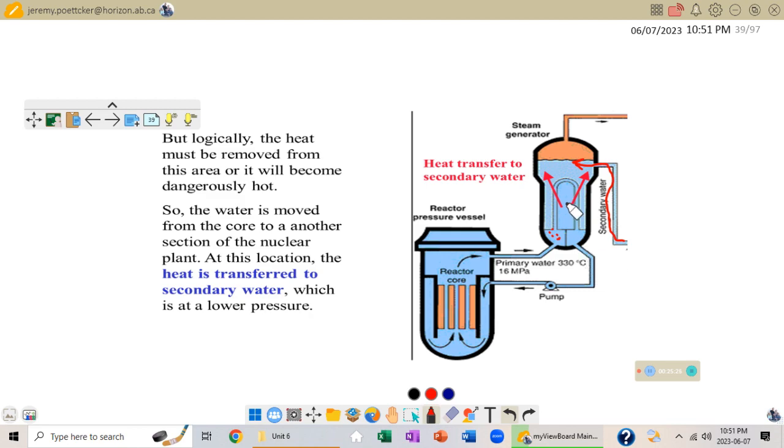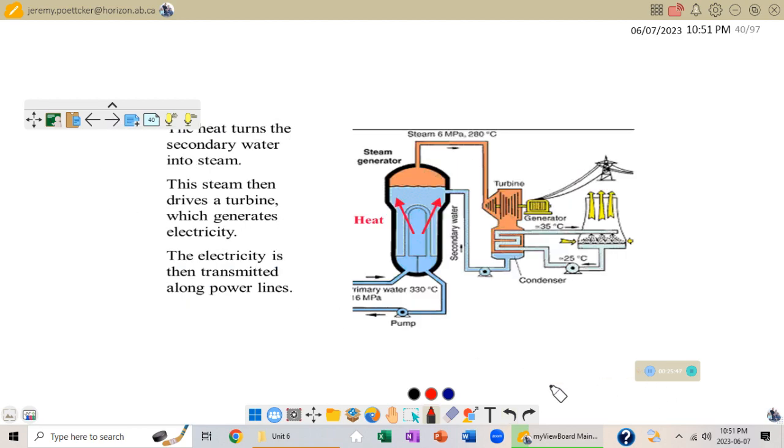So we're heating the water, turning it into steam. It's under low pressure, so it boils at 100. Now the steam goes away, and this steam is actually used to turn a turbine and generate electricity. Right? And the electricity then is transmitted along the power lines.